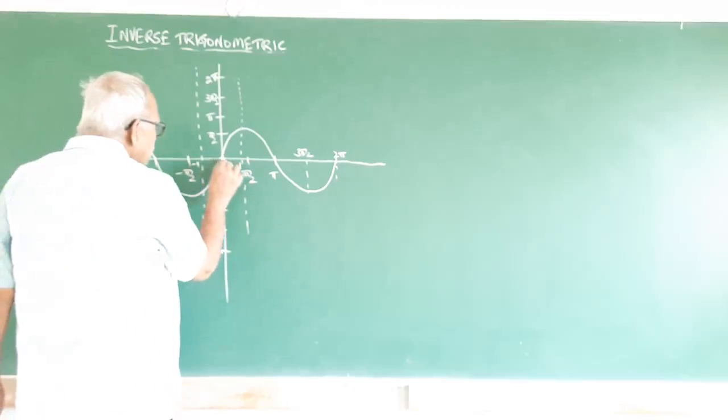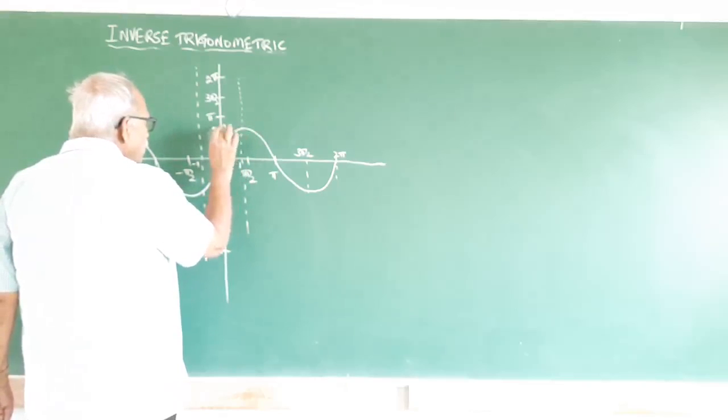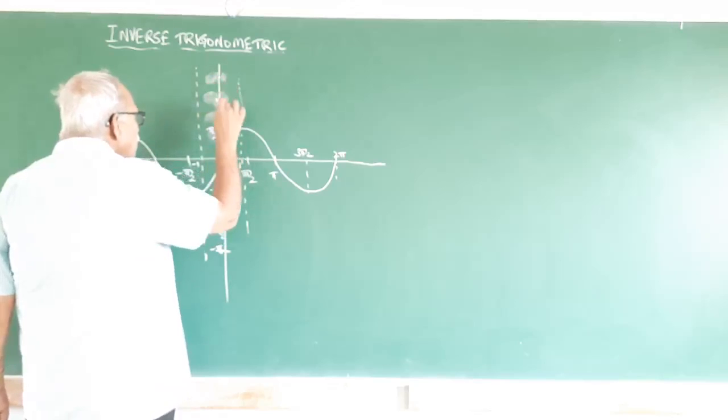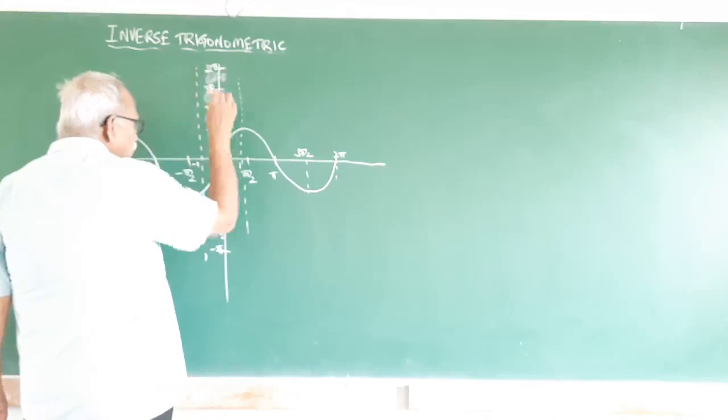Already you know how to draw this graph. This pi by 2 should be somewhere here. I will change this. This is pi, this is 3 pi by 2 and 2 pi.